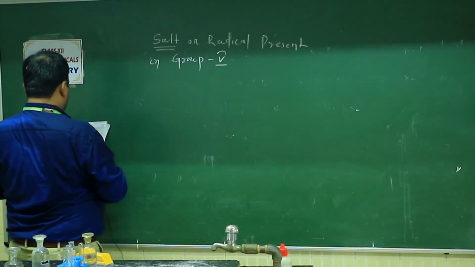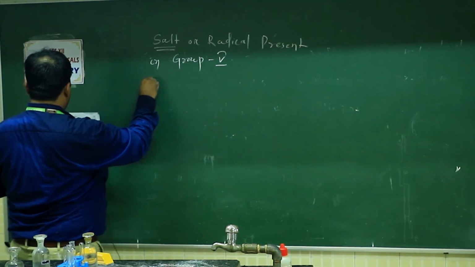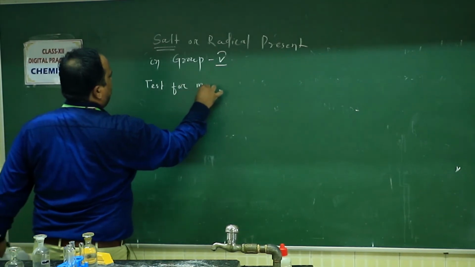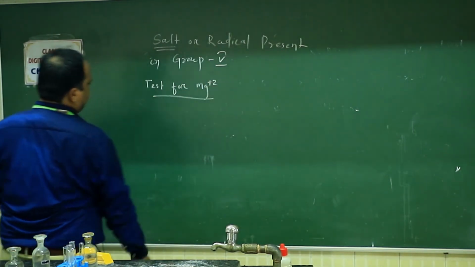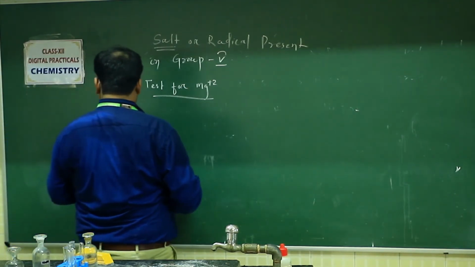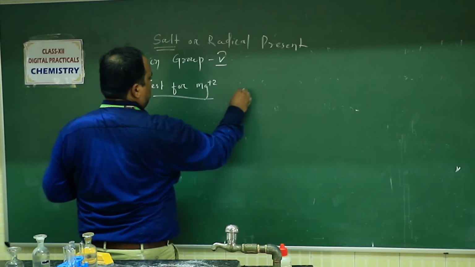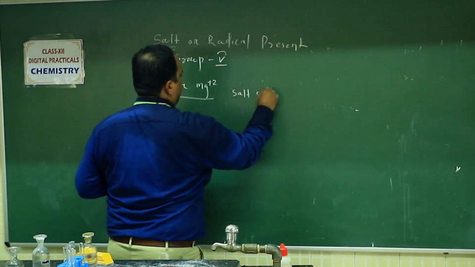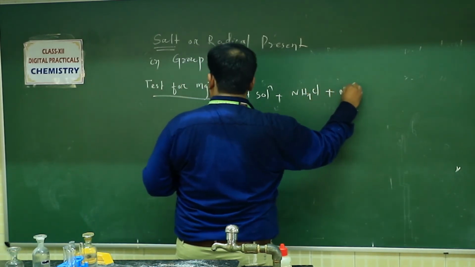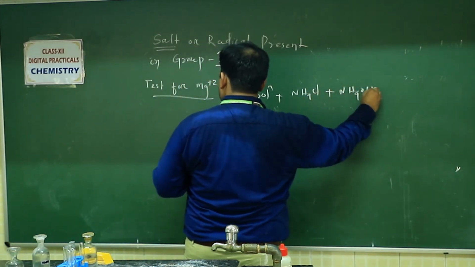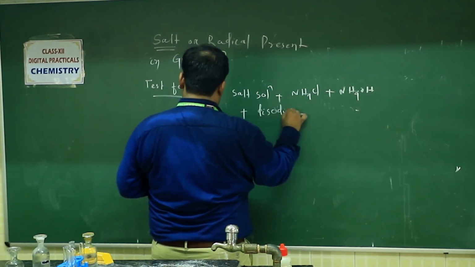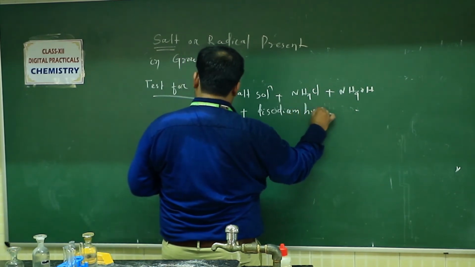In the individual tests, first we do the test for magnesium plus 2. Salt solution plus ammonium chloride plus ammonium hydroxide plus disodium hydrogen phosphate.